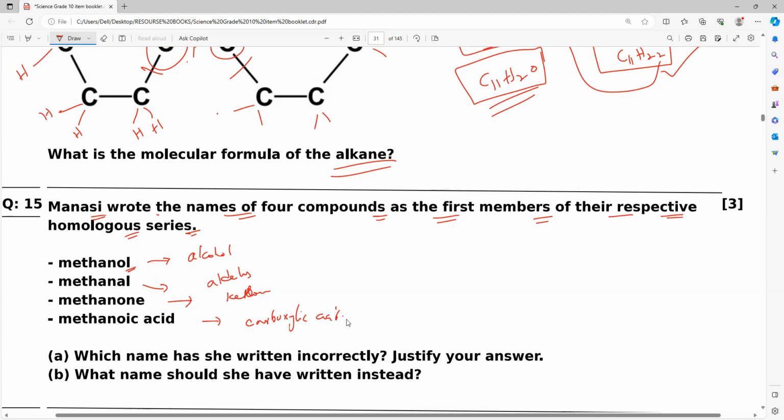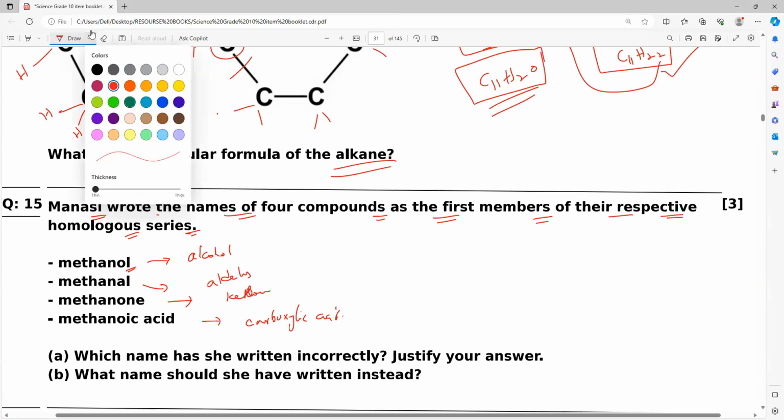Please read this once again. If you read properly, you will understand it very carefully. Anybody? All of you? By seeing it itself, you will understand. Once I say the reason, you will feel how simple it is.